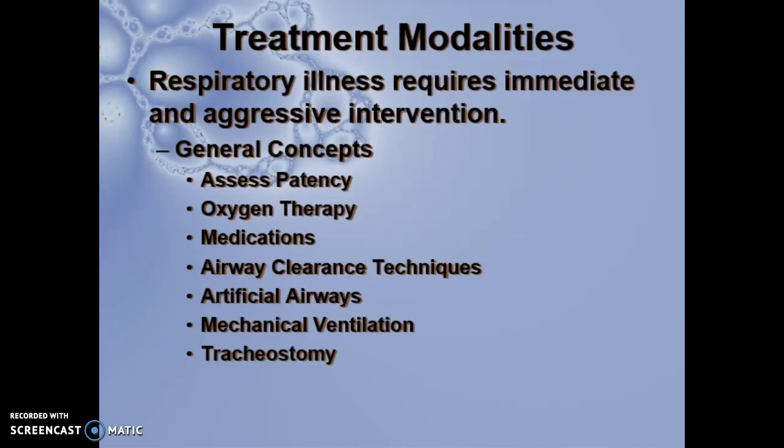We're going to do different modalities such as multi-dose inhaler, nebulizer, maybe even an IPV, all these different types of ways to keep that airway open. We're going to use airway clearance techniques such as suctioning, and we're going to look at some other ways to have airway clearance. Artificial airways, mechanical ventilation, and then tracheostomies.